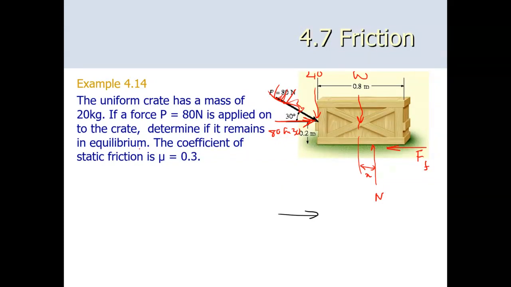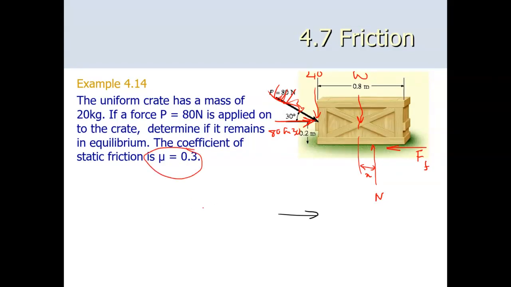Determine if that remains in equilibrium. Okay, so that means we don't know anything. We don't know whether this is in equilibrium, we don't know whether this is in motion, or we don't know whether this is at onset.